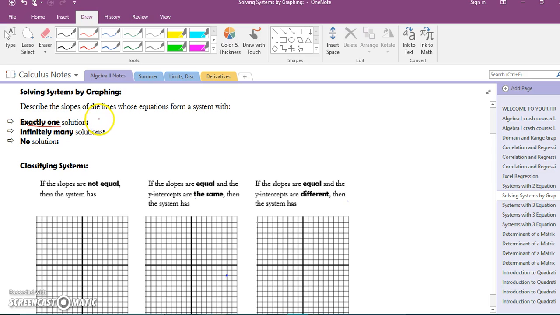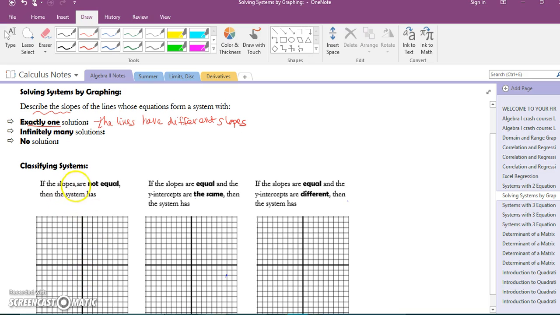And 2 lines that intersect, that could only happen if the slopes were different. So right here it says describe the slopes of the lines whose equations form a system with exactly one solution. That would be saying the lines have different slopes. If the lines have different slopes, their rate of change is different.